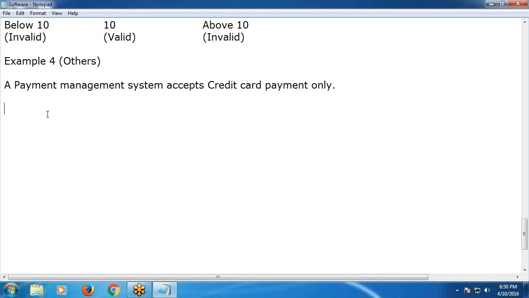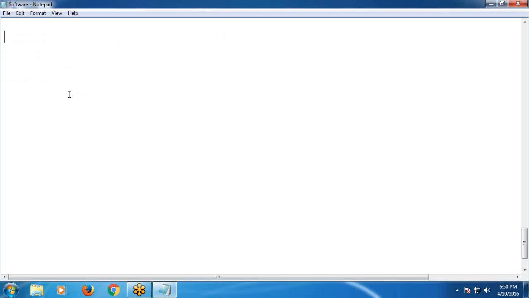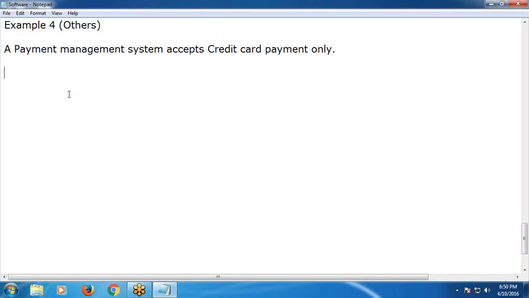Nowadays any payment management system provides only one or two payment options. Suppose net banking is not available, then there is no net banking option. Suppose cash on delivery facility is not available, then no that option.